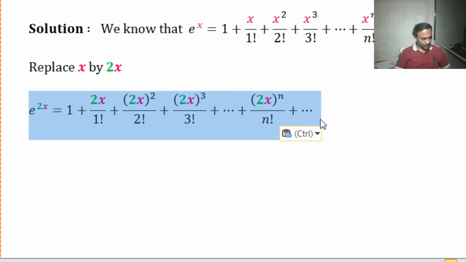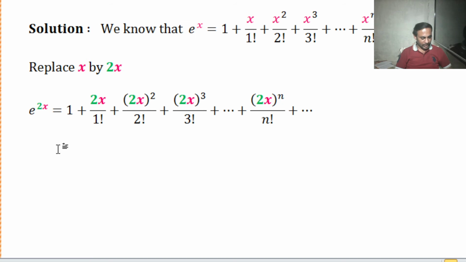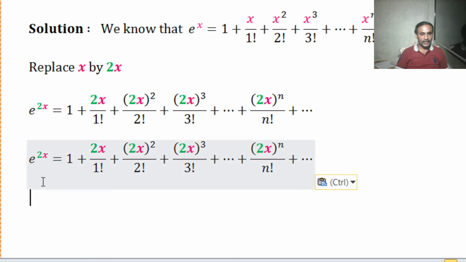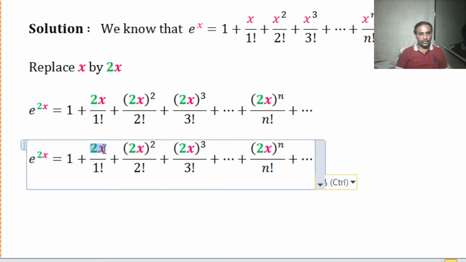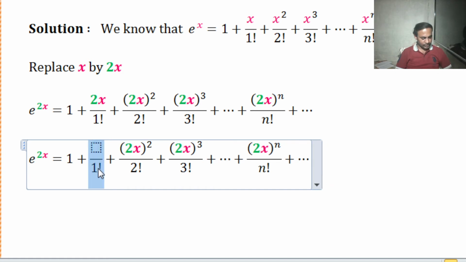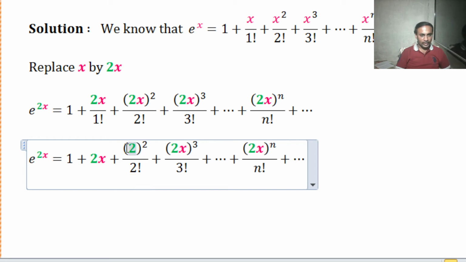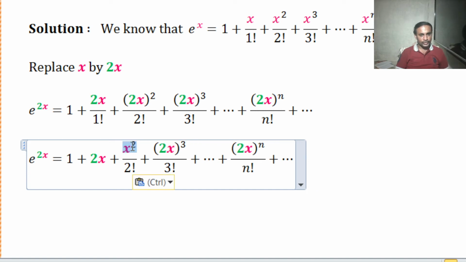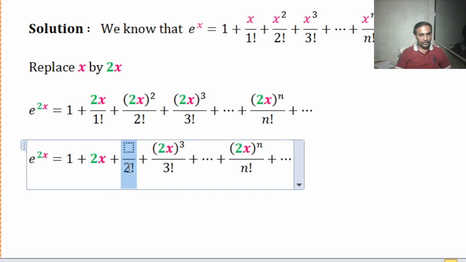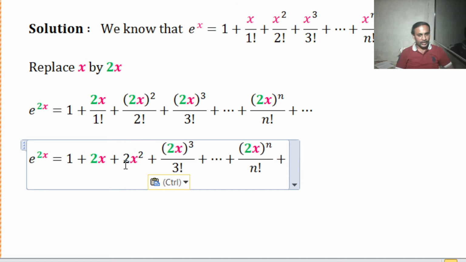And after simplification of this part, we can write series expansion of this function e raised to 2x is 1 plus 2x, but 2x square is 2 square x square, and 2 square x square is 4x square, and after cancelling denominator 2 and numerator 2, we can write this term as 2 times x square.